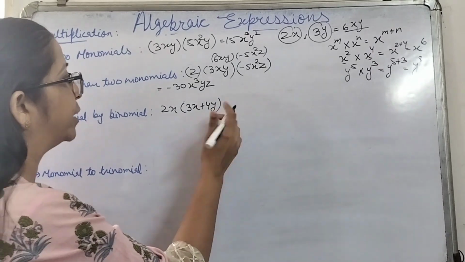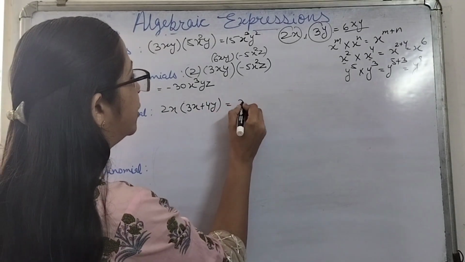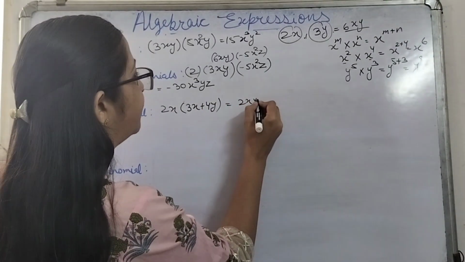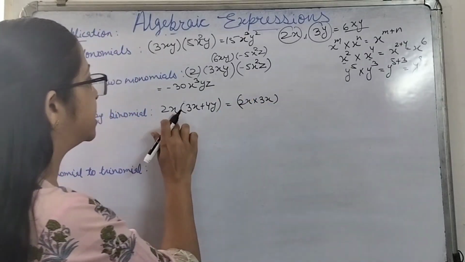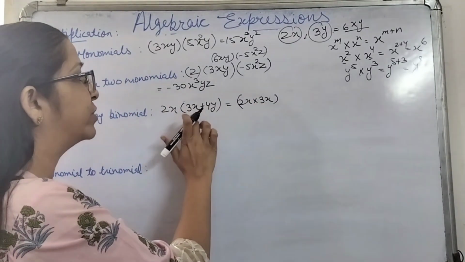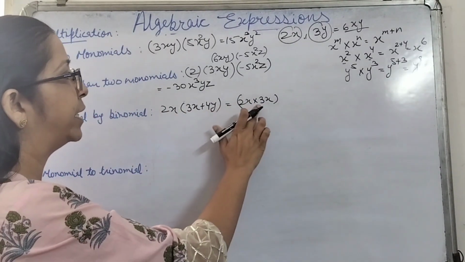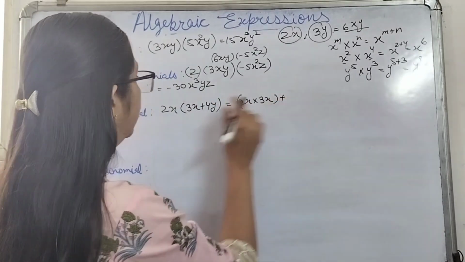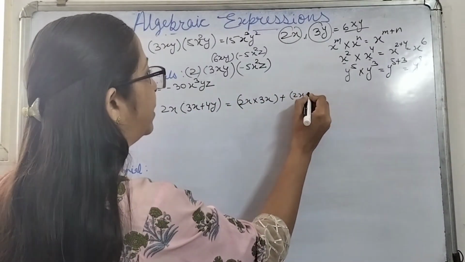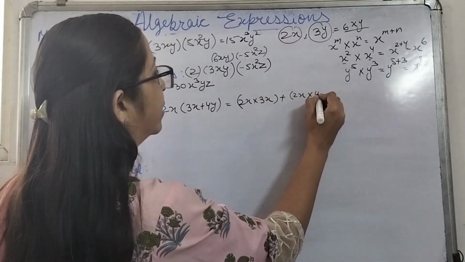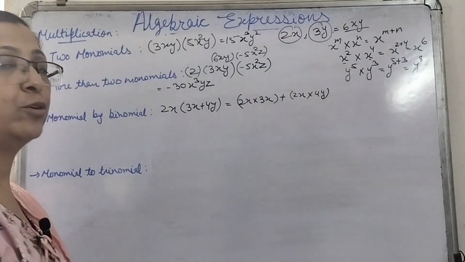According to it, this could be written as 2x multiplied by 3x, plus 2x multiplied by 4y. This term will be multiplied by both of these terms. So this is the distributive law.